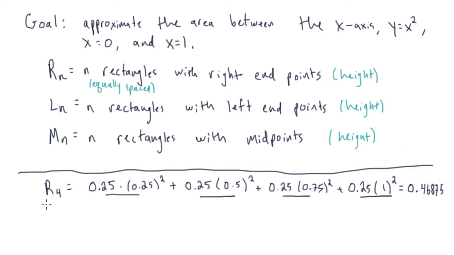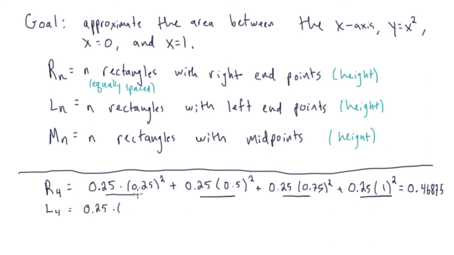So we can also look at L4, and now L4 is going to be almost exactly the same thing, but instead of evaluating the function y equals x squared at the right endpoints, we're going to evaluate it at the left endpoints. But the width is going to be the same.